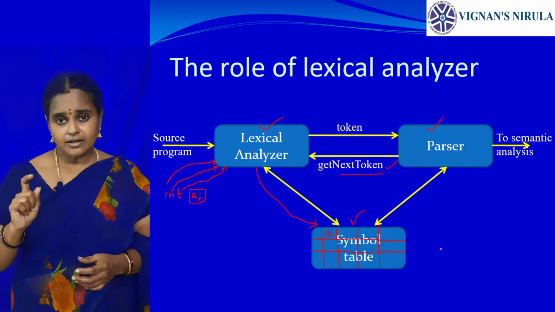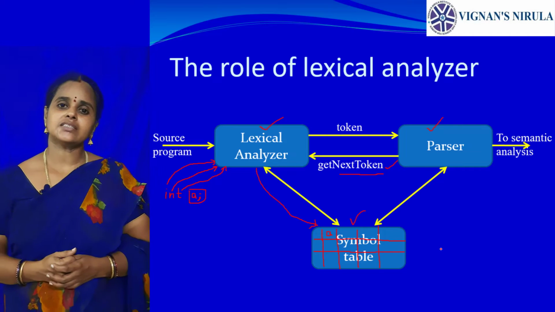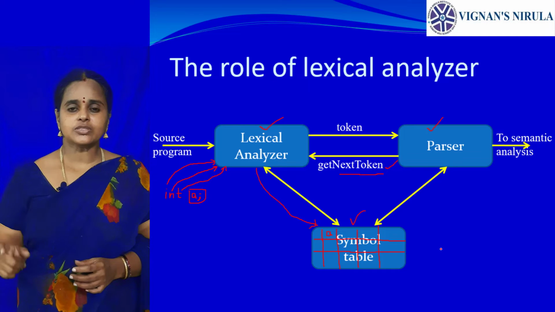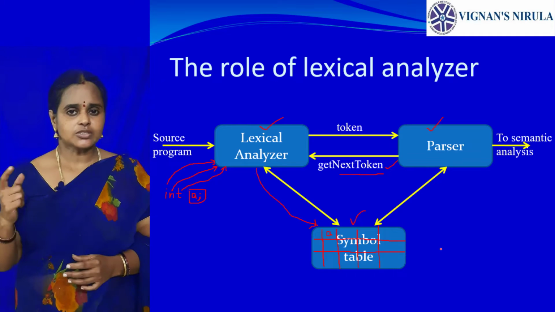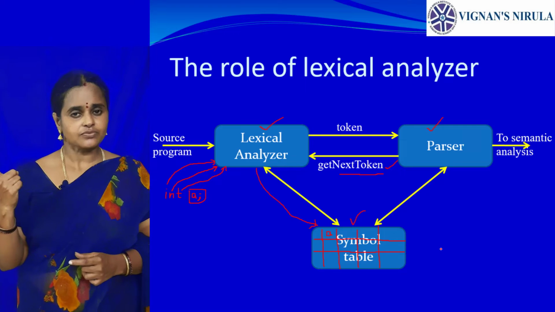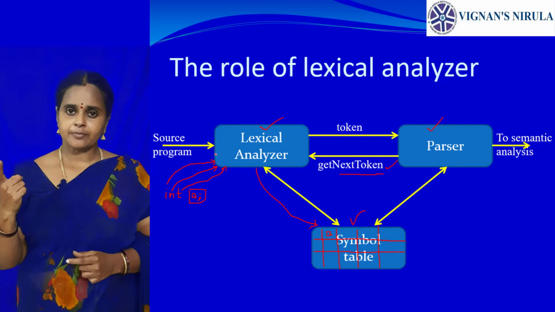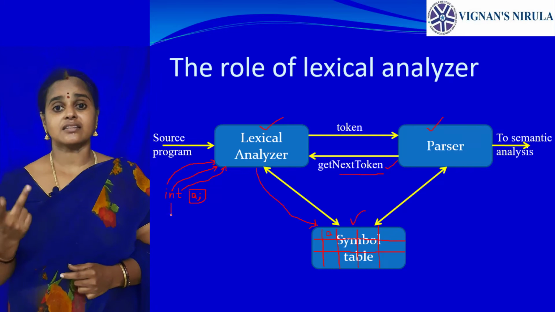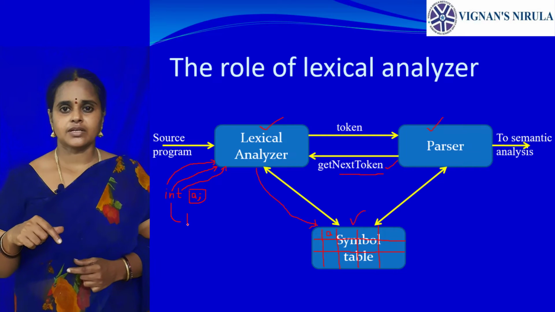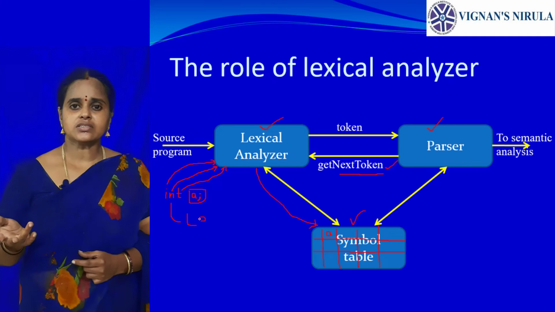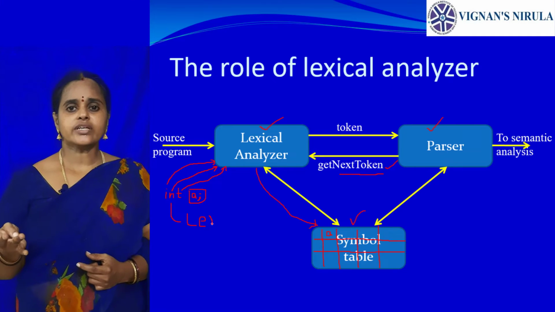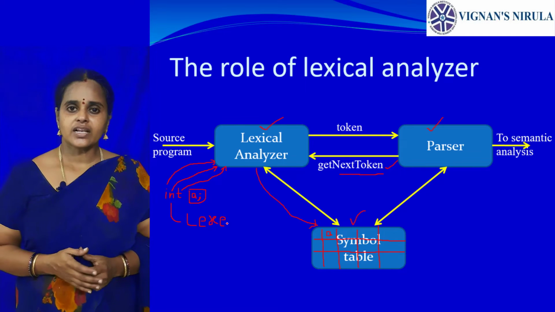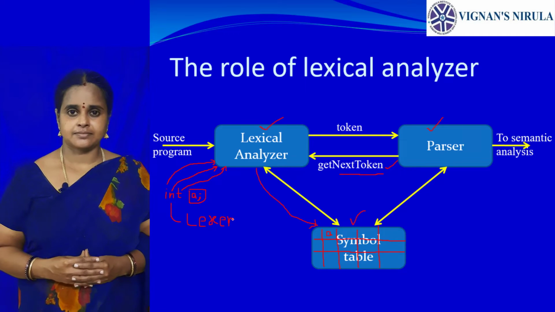That one item is known as a lexeme. Is it clear? That one item is known as a lexeme. So first, identification of the lexemes with the input information, and identification of patterns, which pattern this lexeme comes under. And the next one is the preparation of the tokens and giving them as output. This is the role of the lexical analyzer.